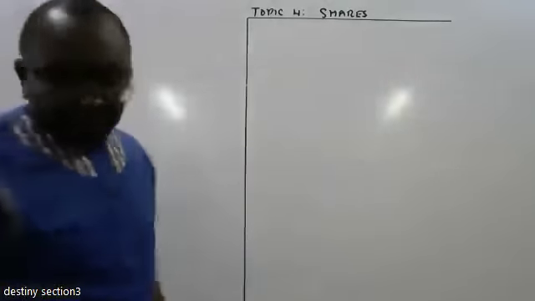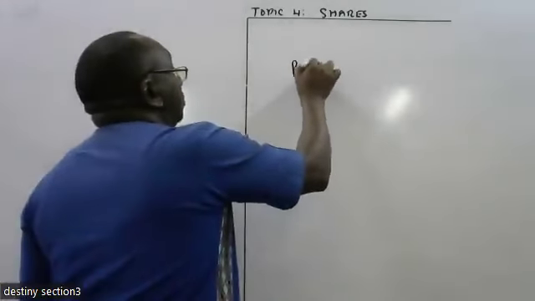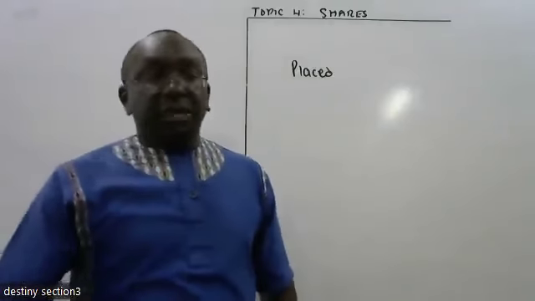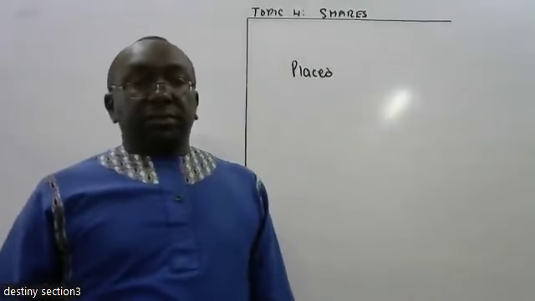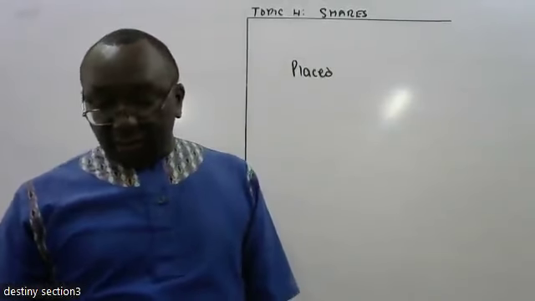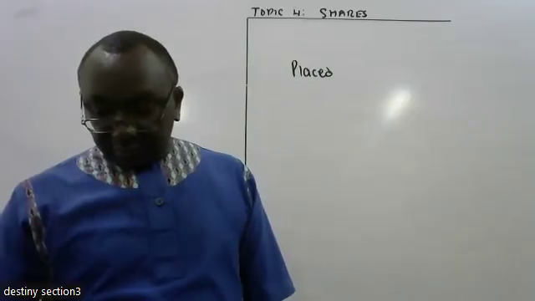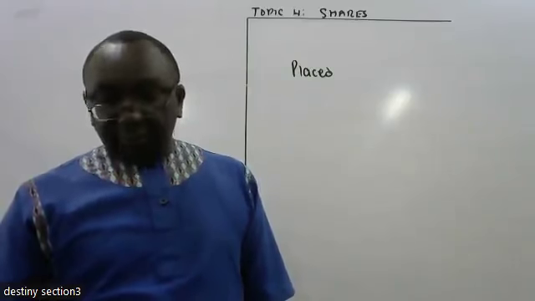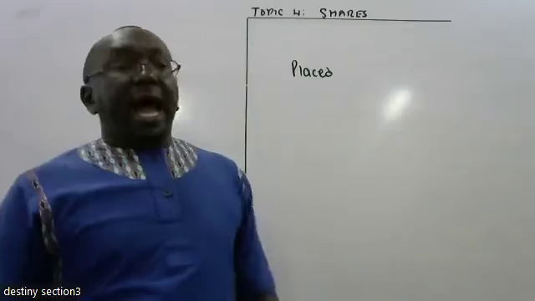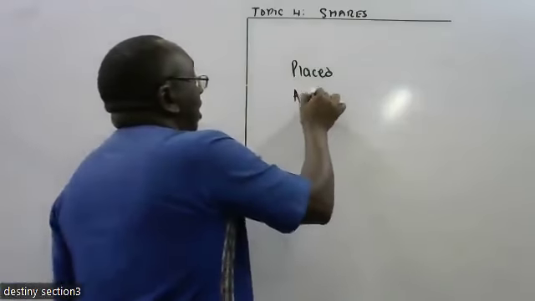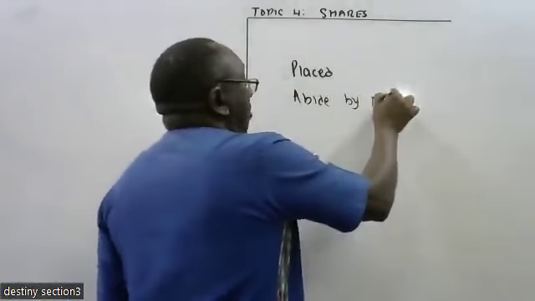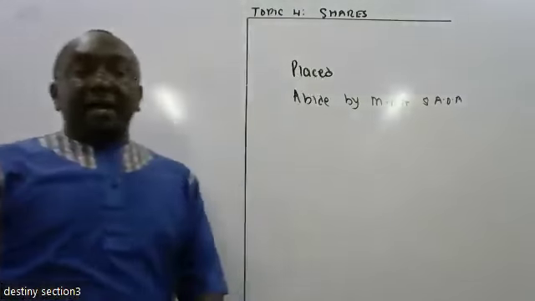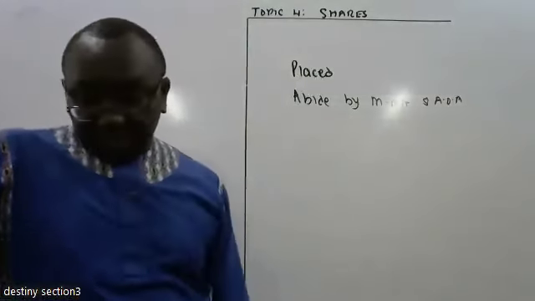Number 2, be placed in the list of contributors during liquidation. Number 3, abide by the Memorandum of Association and Articles of Association.